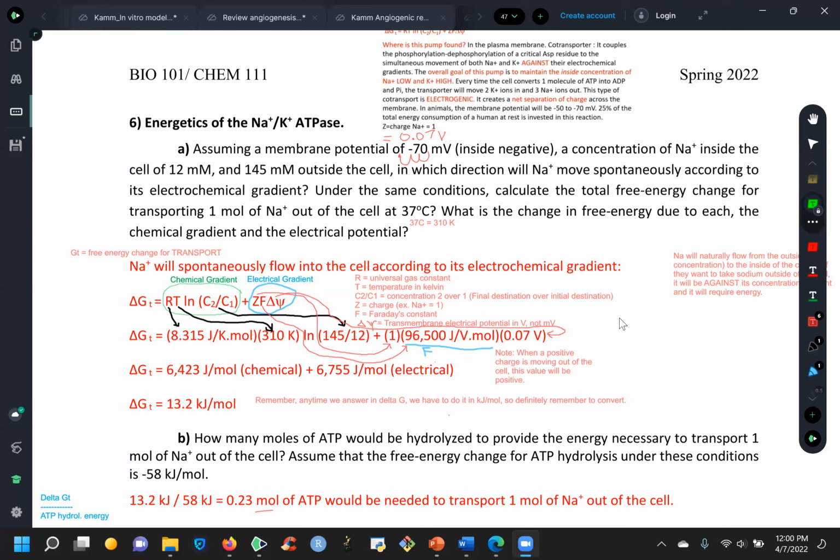Okay, what was our temperature? 37 degrees Celsius. We know that it has to be in Kelvin, so we do 310. If we put 37 Celsius, the answer is going to be wrong. So I'm going to put a star next to that one too, so you can make sure to convert. For some reason, they always give it to you in Celsius. I don't know why. I think they want to make sure that you know that extra step that you have.